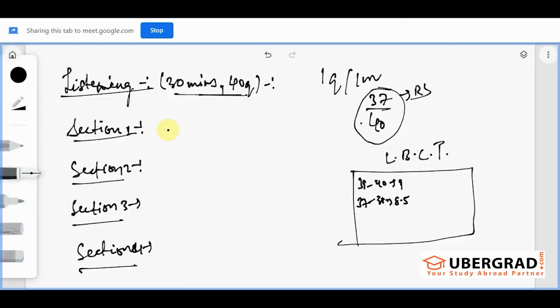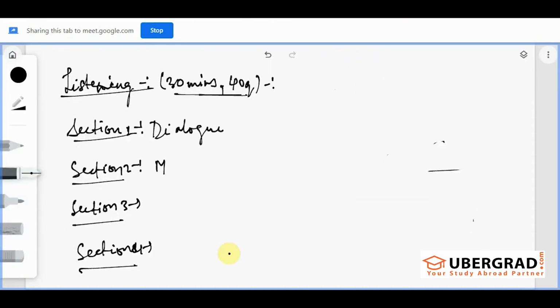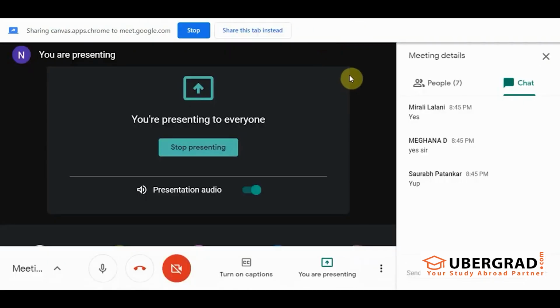So let's understand these 4 sections now. What are the 4 sections that we have? So section 1 is known as a dialogue, and section 2 is known as a monologue. Now what is the meaning of dialogue? Dialogue means 2 people talking, right? You will listen to 2 voices, 2 people talking on a particular subject.